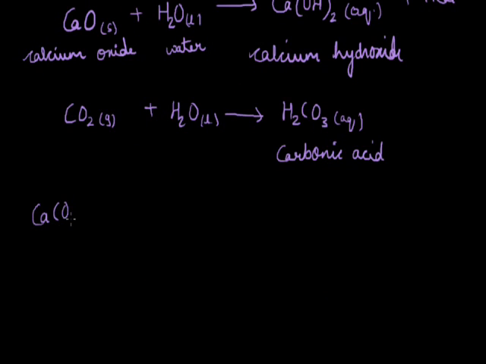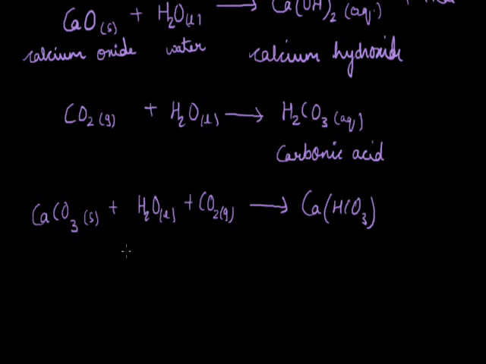Another is calcium carbonate, when it is added to water and if excess of carbon dioxide gas is passed through it, then it will form calcium bicarbonate. So all the compounds, they are reacting to form one product. So we see this is also a type of combination reaction.